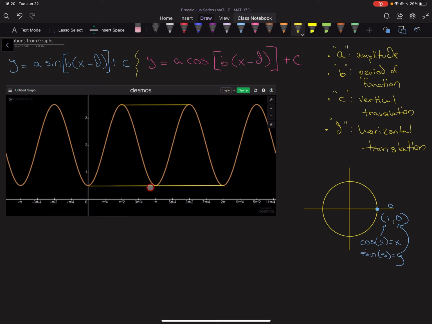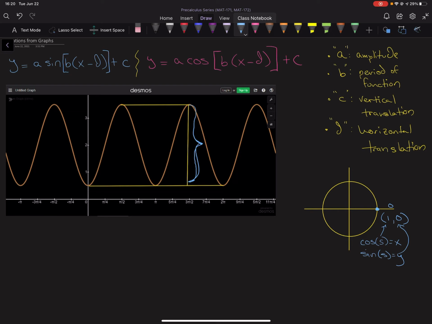And this distance would correspond to our A, all right? So again, what we are looking for with A is going to be the distance from this peak here to this lowest point there. That distance is going to help us determine what A is, all right?